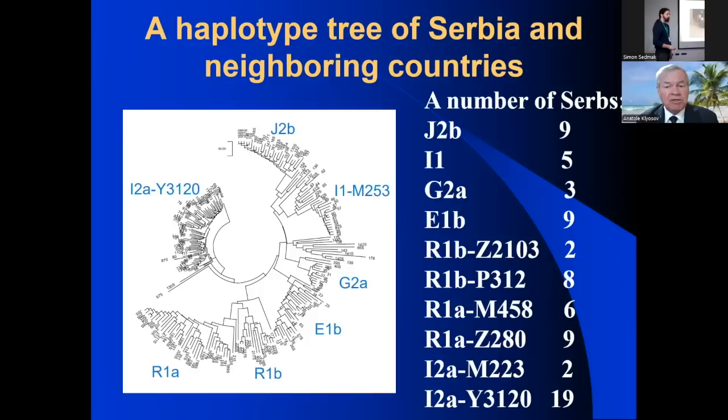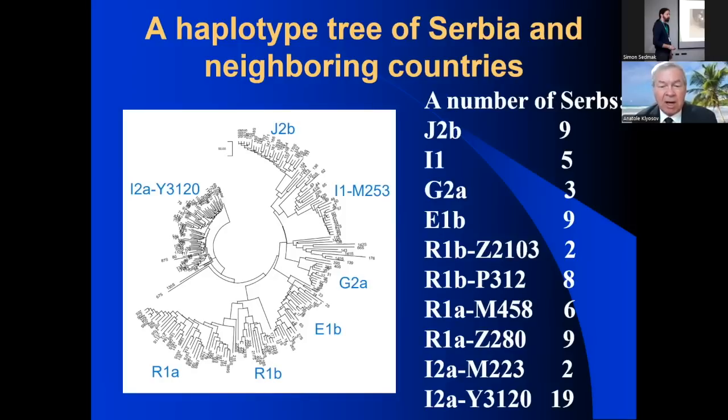If you talk about Serbs specifically, you see the last line on the right, which says I2A, and M223 is only 2 of them. So you see 19 people. That's the highest amount among the Serbs. They belong to I2A Y3120.